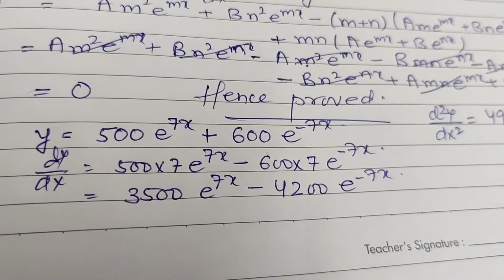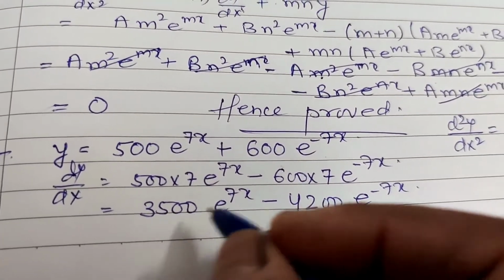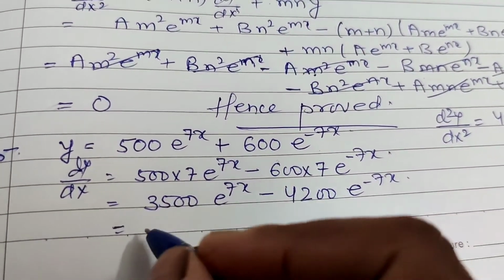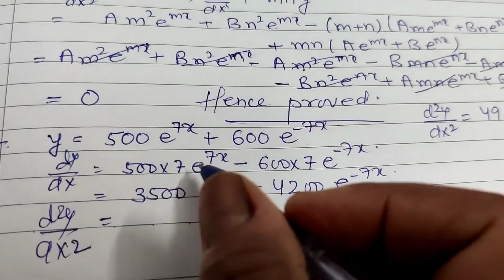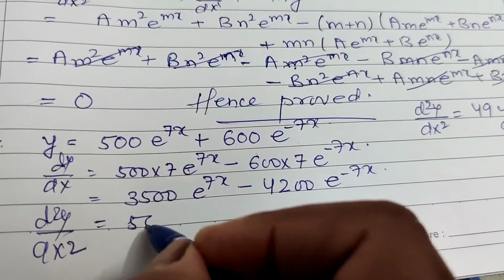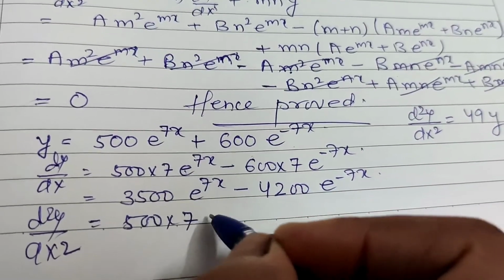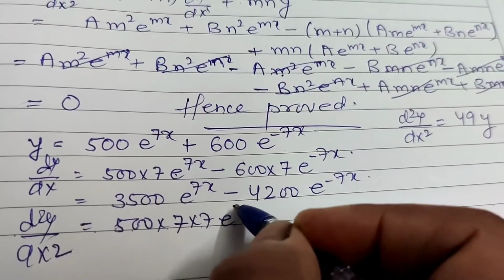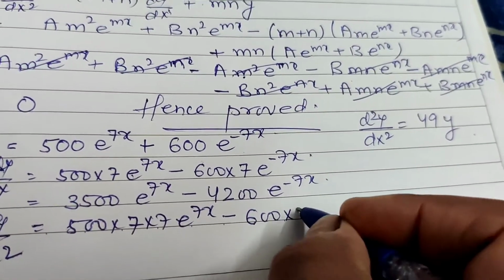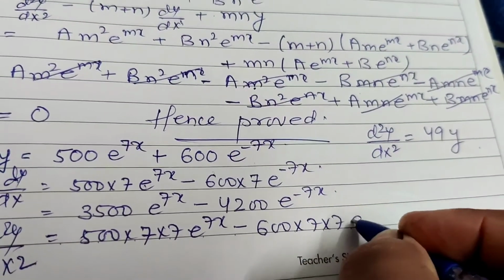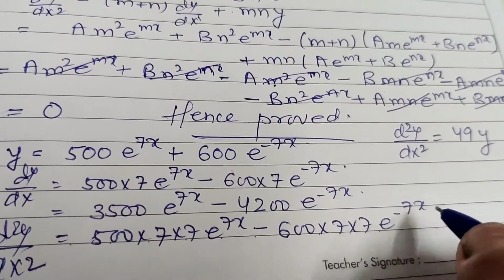Now again d2y over dx square. This one is 500 into 7 into 7 e raised to power 7x minus 600 into 7 into 7 e raised to power minus 7x.